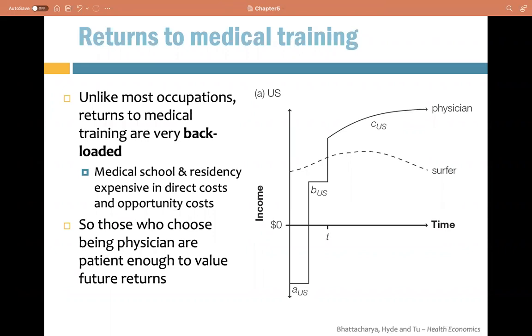This B is, let's say, the wage when you are a resident. And then after time T, let's say age 30, or maybe above that, you become a physician. Then your income level is C. C is a slowly increasing curve because there is a return to experience. Wages as a physician slowly increase over time, and keep increasing even though you're getting older.